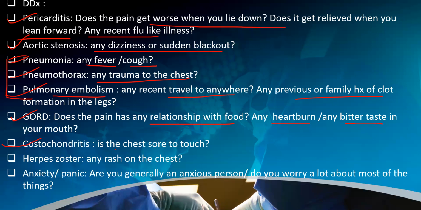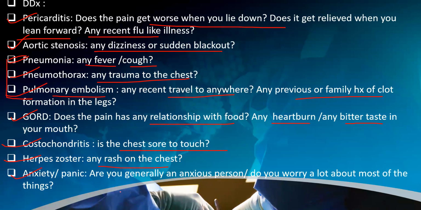Only one question: is your chest sore to touch? You can rule out disc herniation by asking about any neck pain or back pain. For herpes zoster, have you noticed any rash on your chest? And lastly, you have psychological causes: anxiety, stress, panic attack.